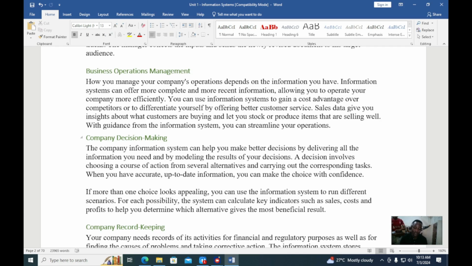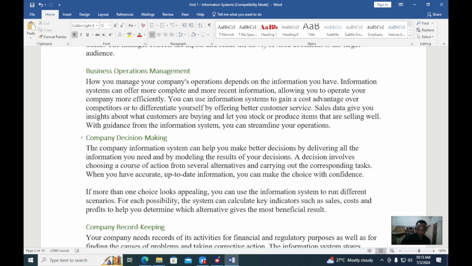It's important for us to analyze that information, because you are not able to make any decision if you do not have information. So information is very important in terms of decision making.